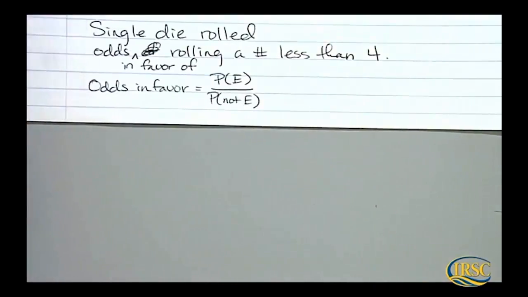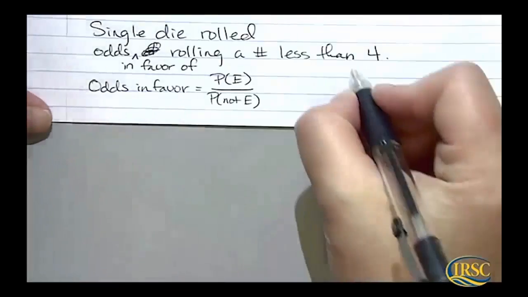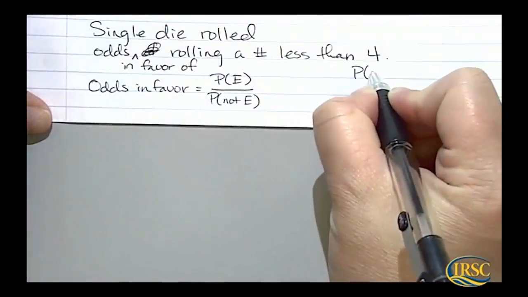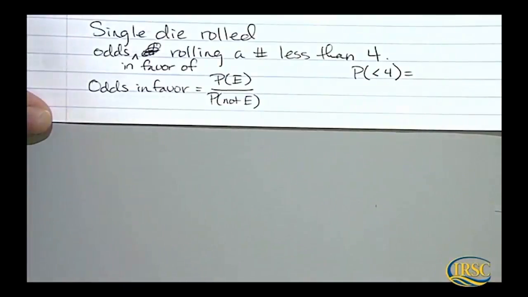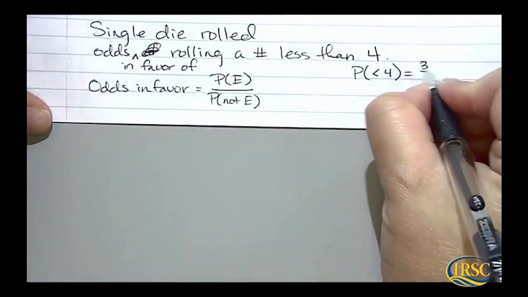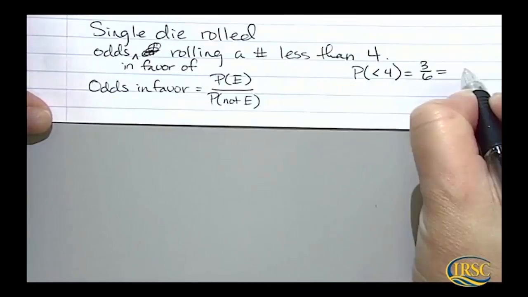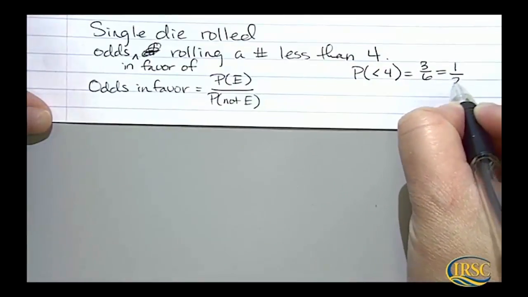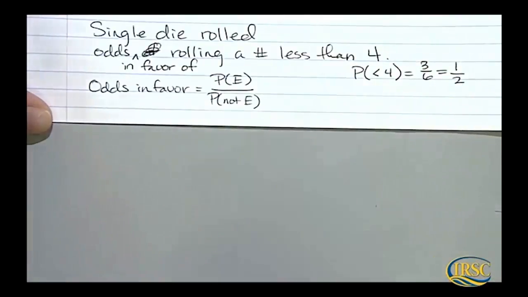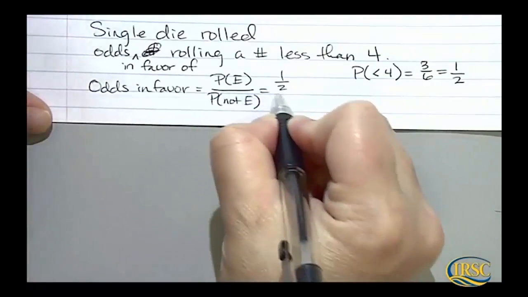So we have to first find the probability of a number less than 4. How many numbers are less than 4? 3 out of 6, so that reduces to 1/2. Good. So our numerator here is 1/2.